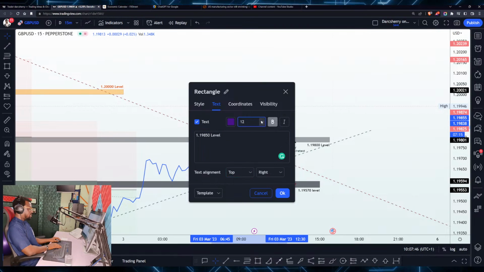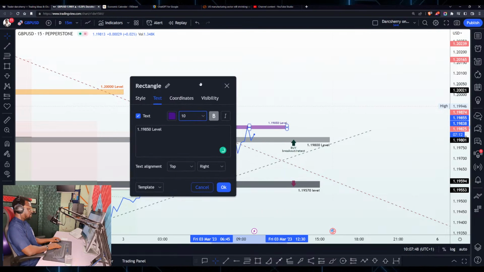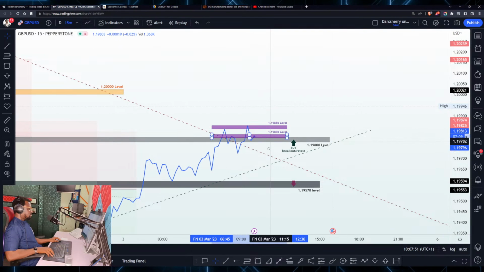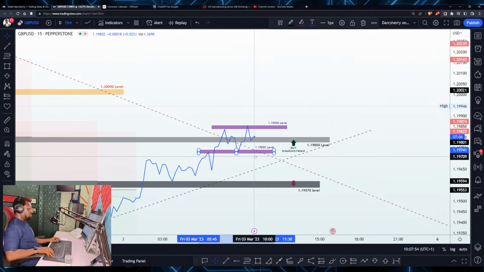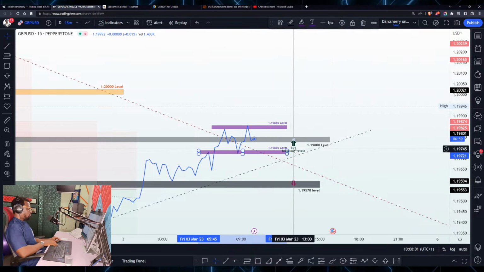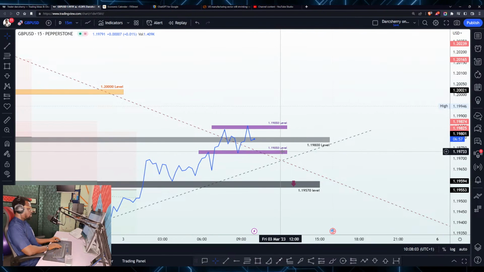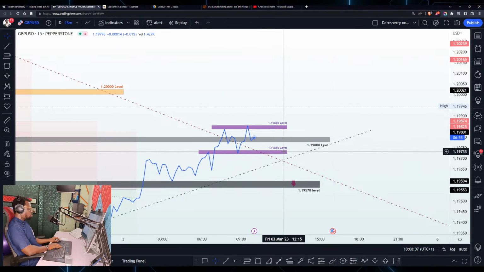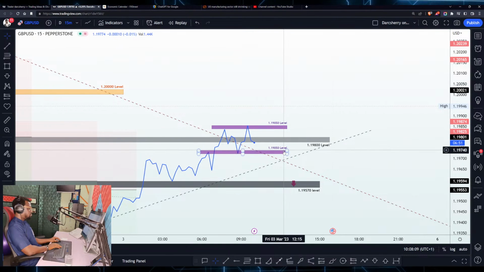Place it at the top right hand side of our screen here. All right, then we have the support level of that channel sitting somewhere around here, which falls around, hold on a second, we'll figure out that very soon. So we have 1.19730.